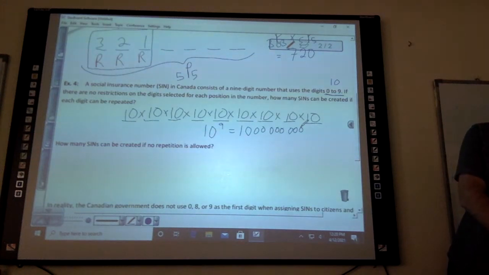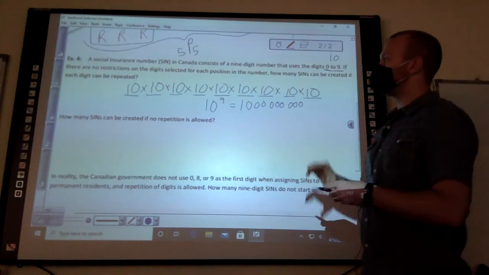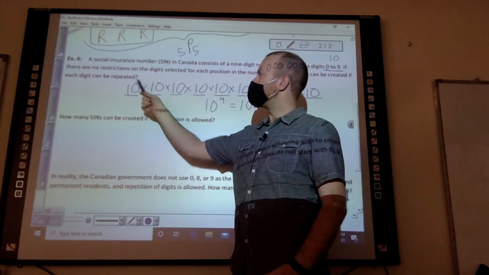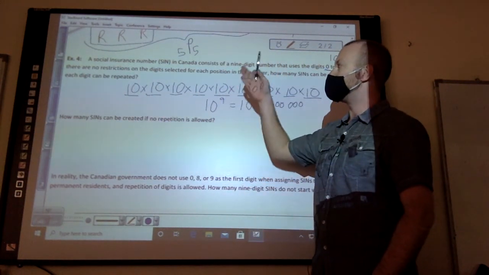So how would this change now if we said there's no repetition? What do you think would be different in this case? Exactly. So instead of being able to go 10 times 10 times 10 times 10, once I've picked something for the first one, the second one cannot have that number. So it'll be 10 times 9 times 8.